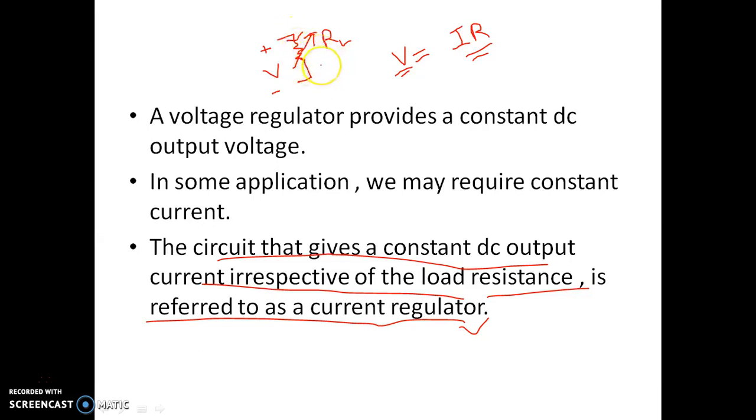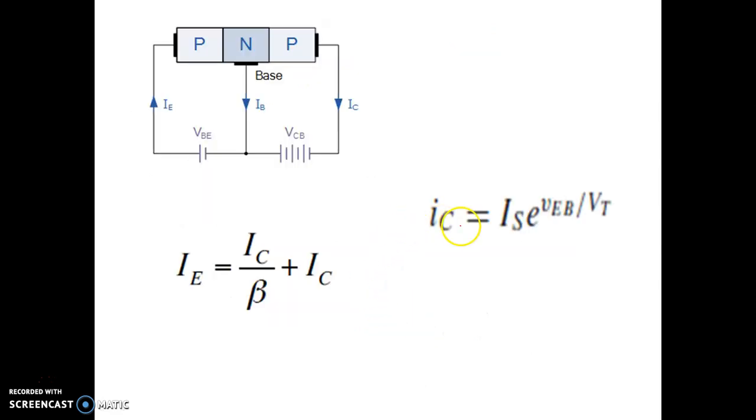Then what we can do, we can implement one circuit called a current regulator circuit, that we will discuss. But before that, I will give a quick recap on three basic fundamentals from transistor analysis. This is one PNP transistor and this is in forward active mode. See here, the P-type emitter is connected with the positive terminal of the battery VBE, and the N-type base is connected with the negative terminal of the battery.